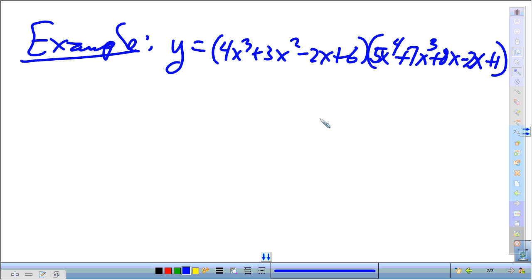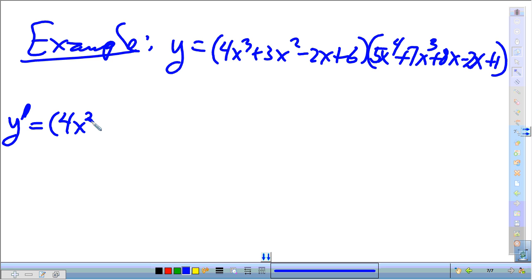So what's the derivative? Well, one way would be, we could multiply this out, collect like terms, and take the derivative. That might be a little tedious. Or we could treat it as a product, find the derivative, which would be one of those factors without derivatives.